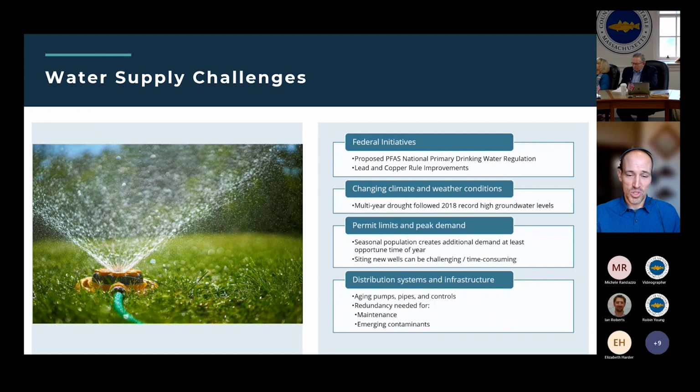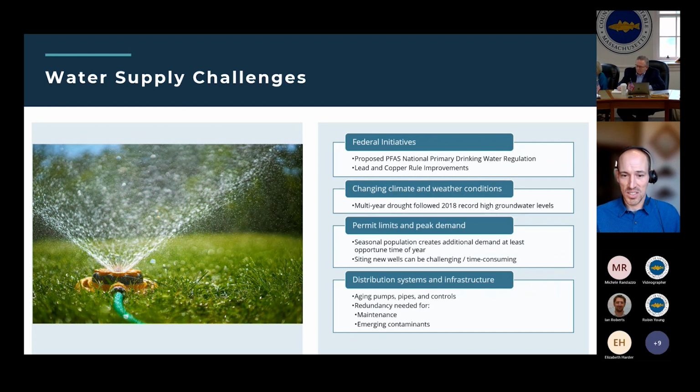And then, of course, just thinking about the actual distribution systems themselves, knowing the age of some of the water systems, the fact that pumps, pipes, and controls may be nearing end of design life, and needing to have system redundancy available for maintenance.